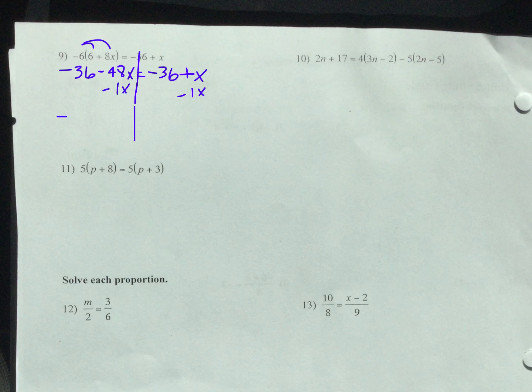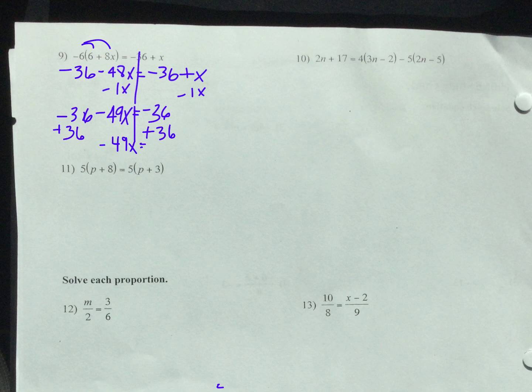So now I have negative 36 minus 49x equals negative 36. Now I got to get this first 36 over, so I'm going to add it. So now I have negative 49x.